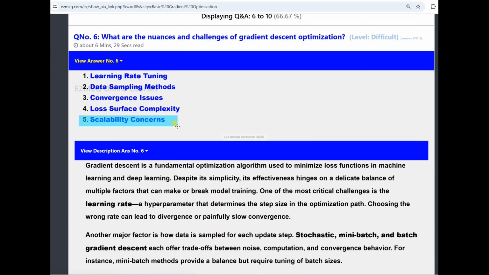Now one thing should be clear to you: for large data sets, if the loss surface is very large in terms of the number of variables, remember that it can be multidimensional. For the sake of understanding, we are keeping it only 2D and 3D, but it can be multidimensional. So for large models, multiple dimensions, and large data sets, this gradient computation can be very expensive, and it can require a lot of memory also.